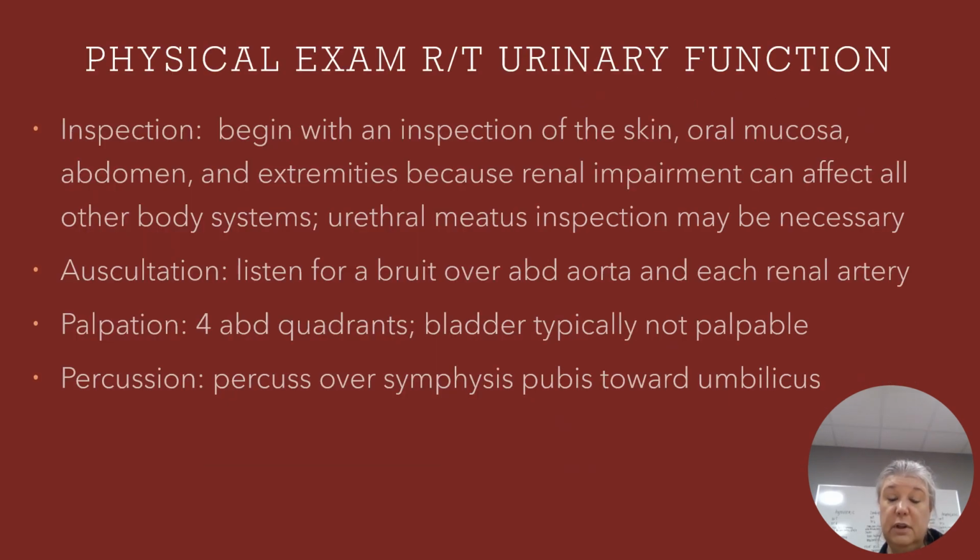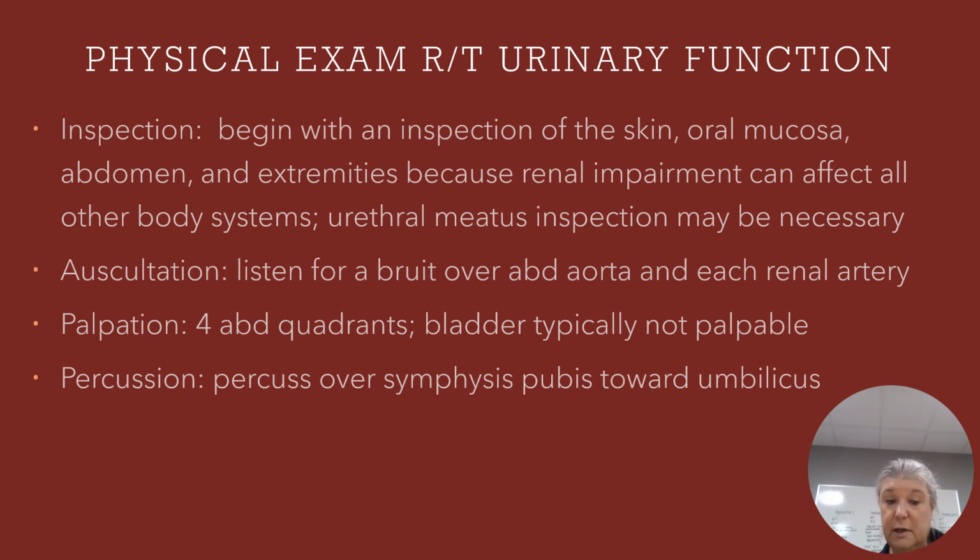Physical exam related to urinary function. So first we're going to look at skin, mucosa, abdomen, extremities, because renal impairment can have an effect on all the other body systems. And then we're going to go to looking at actual, like the urethral meatus, right?